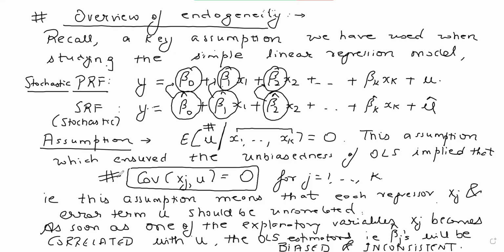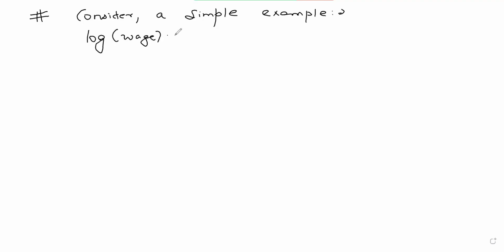Okay, so to make all students understand, let me take a simple example. Consider a simple example where I'm regressing, let's say, log of wage on beta naught plus beta 1 education plus my population disturbance term u.